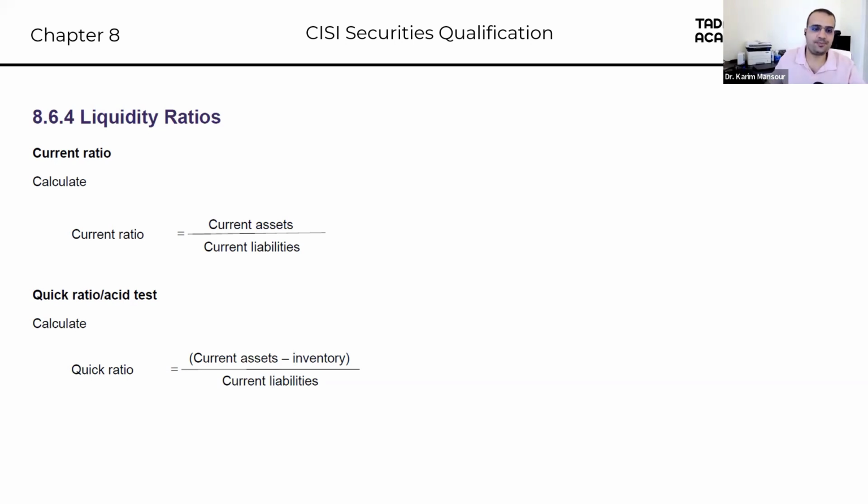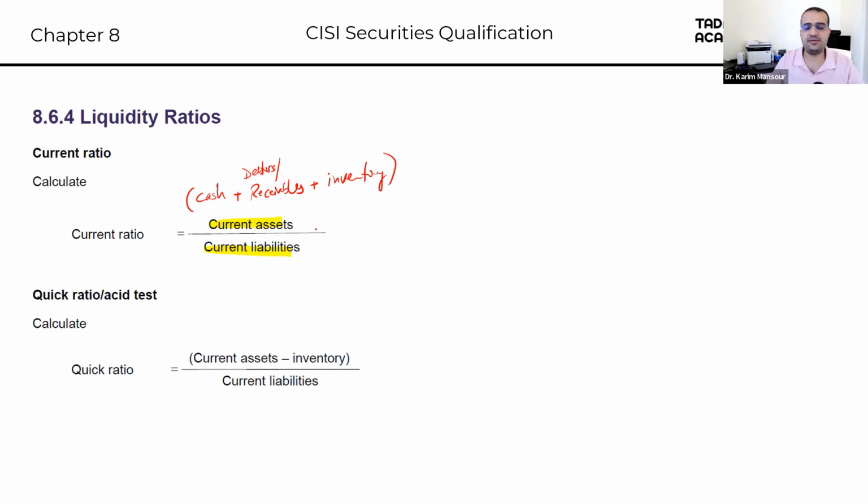That's the current ratio. So do we have enough current assets to pay for our current liabilities? What are our current assets? Our current assets are our cash plus our debtors, which we said are sometimes referred to as receivables, which are the invoices we've sent to our customers awaiting payment, plus our inventory, goods in the warehouse.